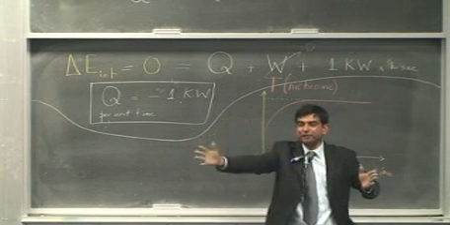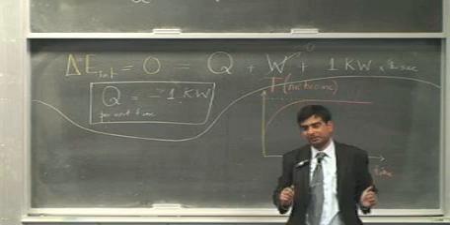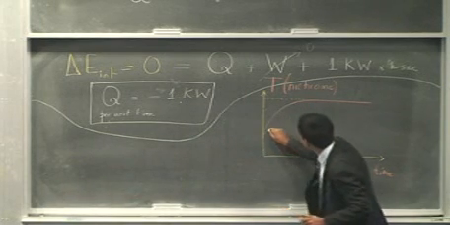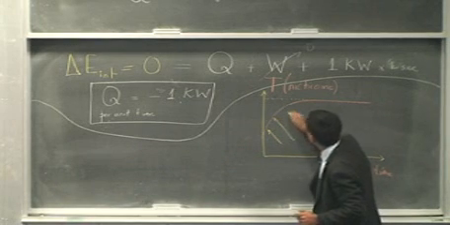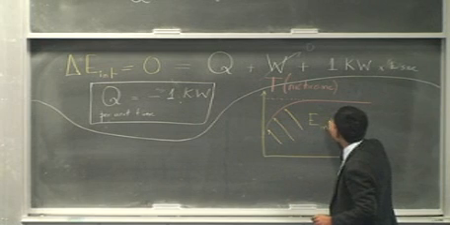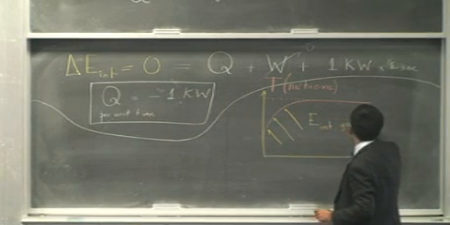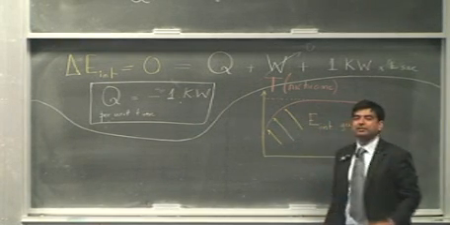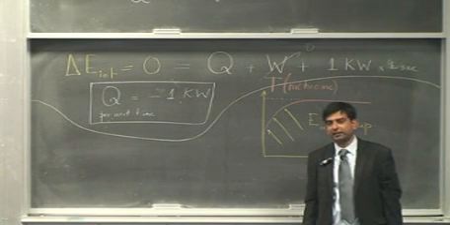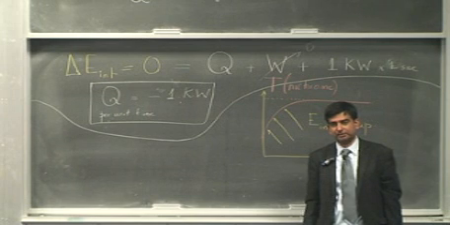The energy that goes out into the atmosphere also goes up. Of course, in this region the thermal energy and the internal energy go up. But once you reach this steady temperature, the internal energy remains constant. Okay? Any questions so far?